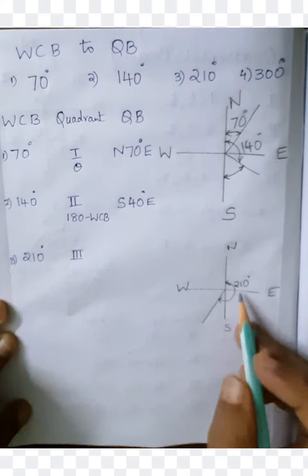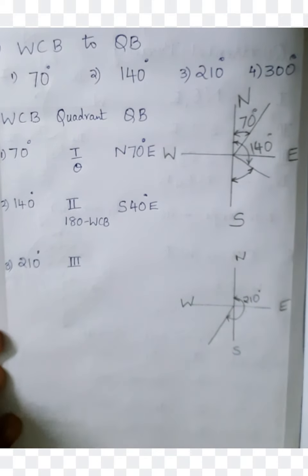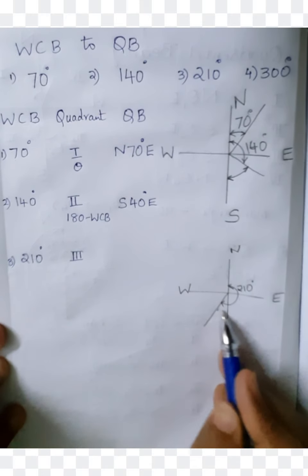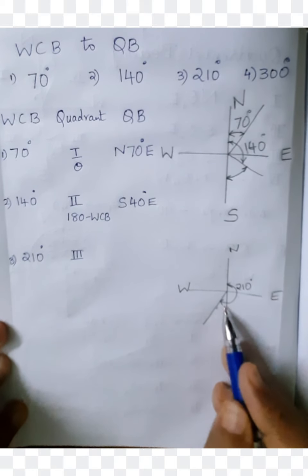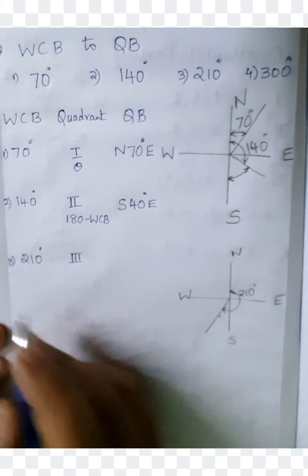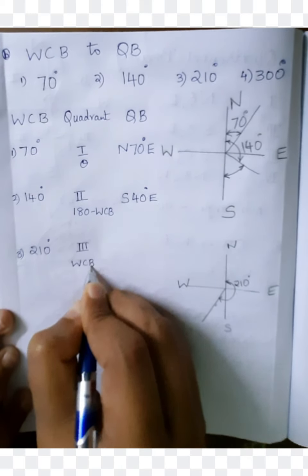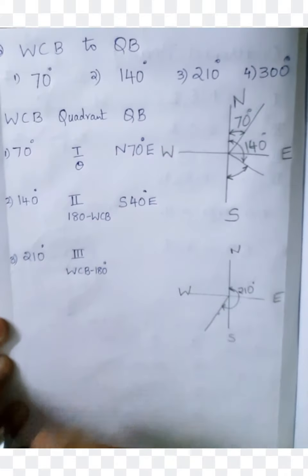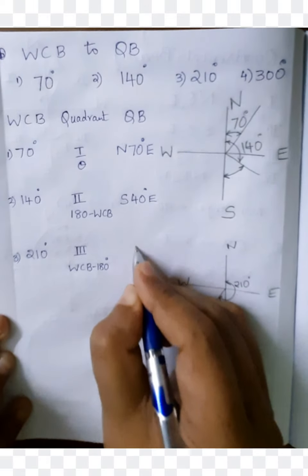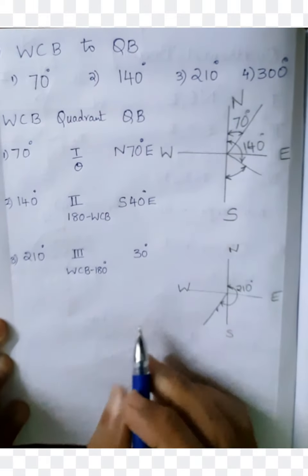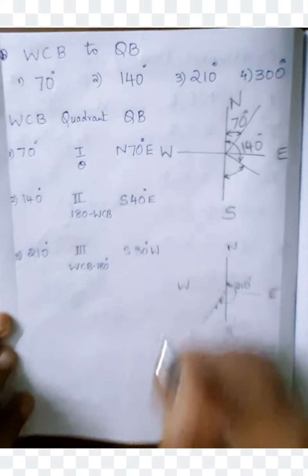Now I am supposed to convert this into the quadrantal bearing system. How do I get this angle? It is the WCB angle minus 180. So I'll get 210 minus 180, which is 30 degrees. Coming to the third quadrant, the directions are southwest, so south 30 degrees west.